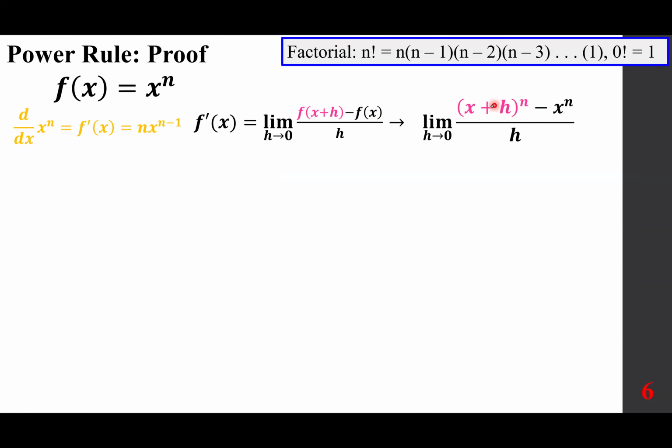Number one, the concept of a factorial. n factorial means n times n minus 1 times n minus 2 all the way to 1. 0 factorial is 1. And as an example, 5 factorial means 5 times 4 times 3 times 2 times 1. It's 120.